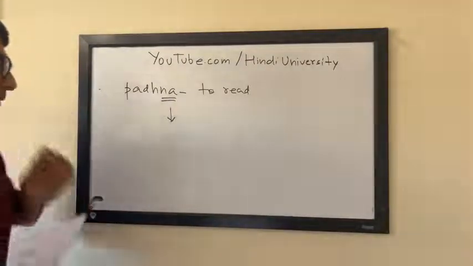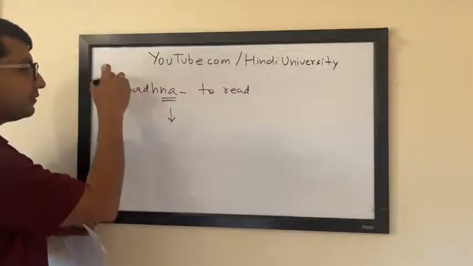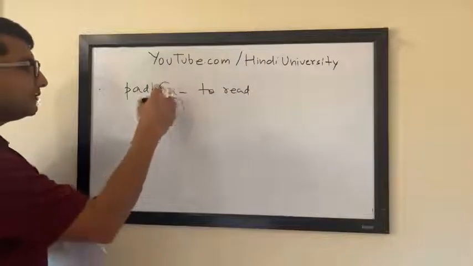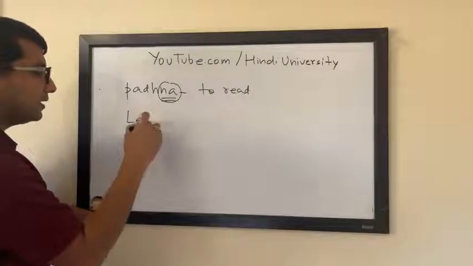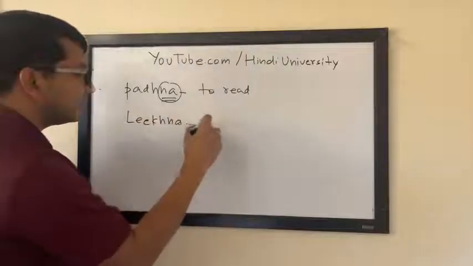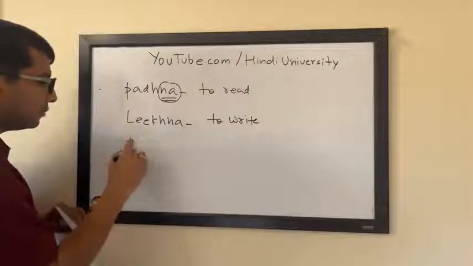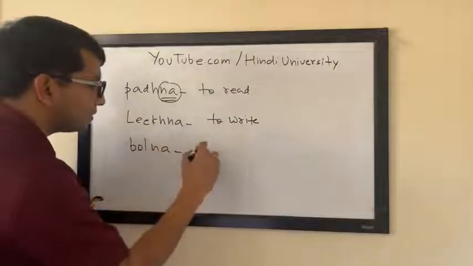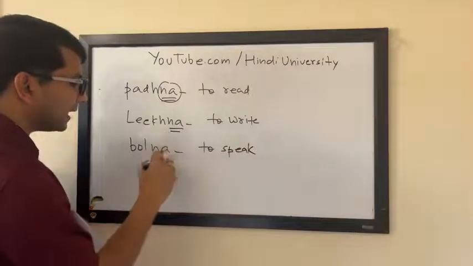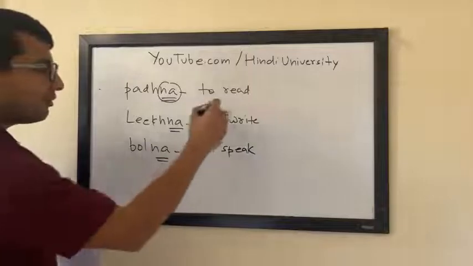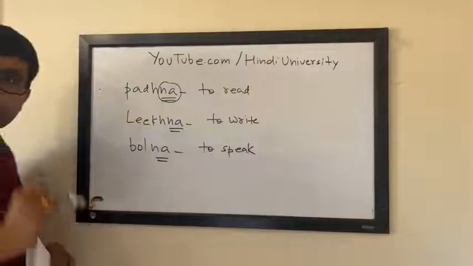It may be confusing, but right now think about it like this: when you learn the verb in the infinitive form, it ends with na. So you have padhna, you have likhna, which is to write, bolna is to speak. All of them end with na, and the meaning is to read, to write, and to speak. Infinitive form of the verb.